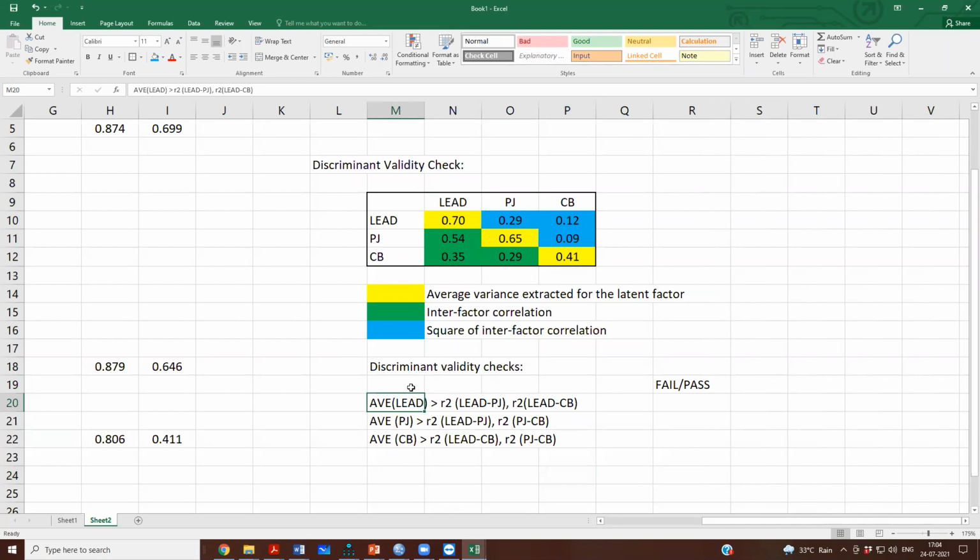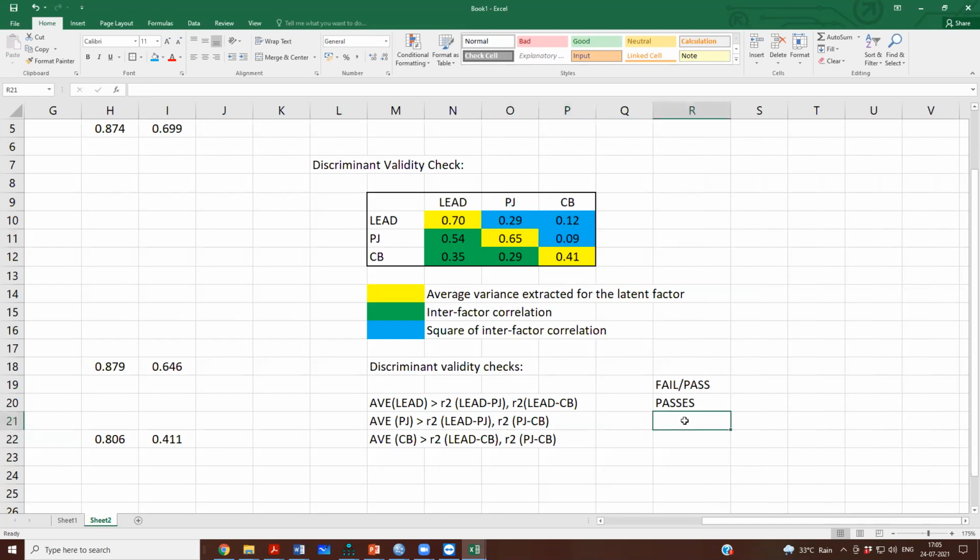So the first condition, AVE of lead 0.70 is greater than R square of lead with PJ, that is 0.29, and it should be greater than R square of lead with CB, which is 0.12. So this condition passes for us. The second condition, AVE of PJ 0.65 should be greater than R square lead with PJ, which is 0.29, and it should be greater than R square of PJ with CB, which is 0.09.